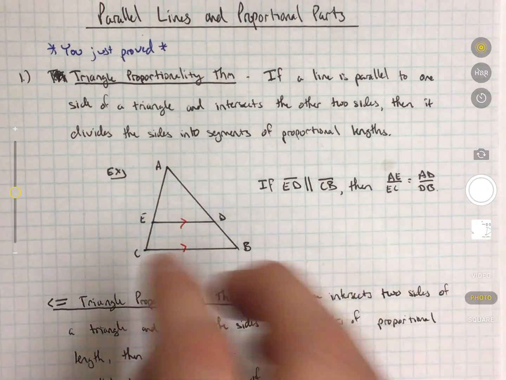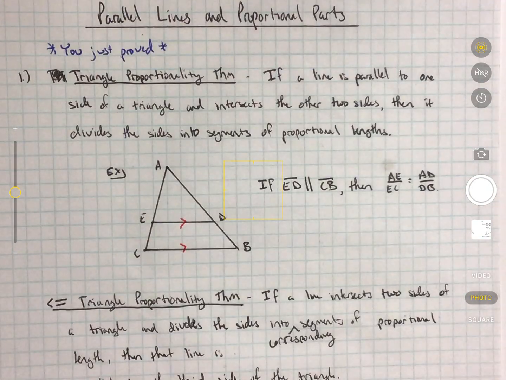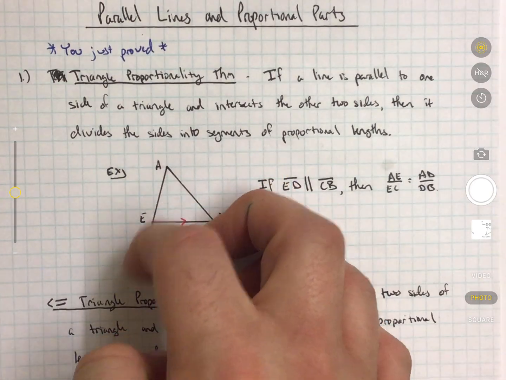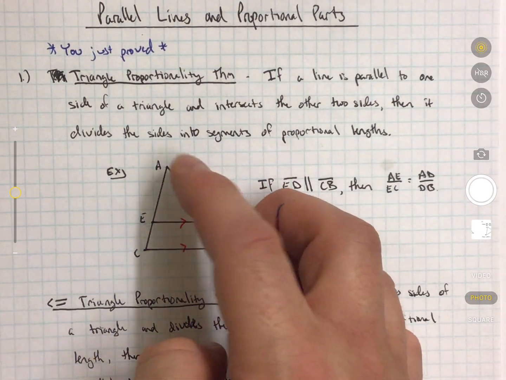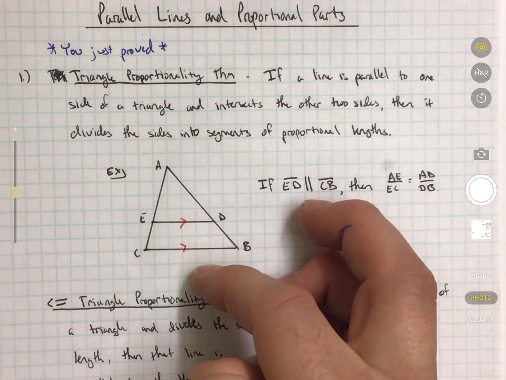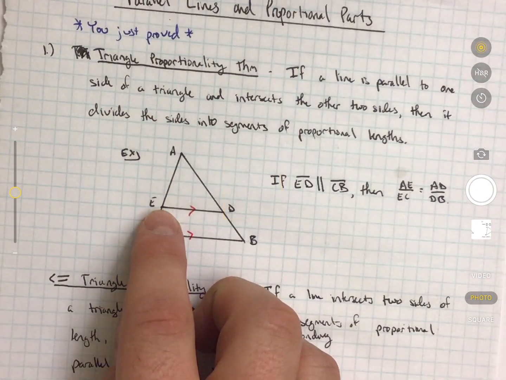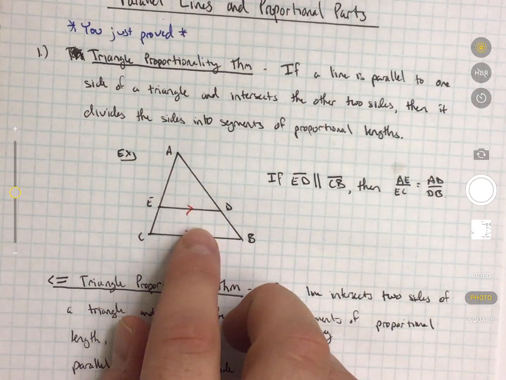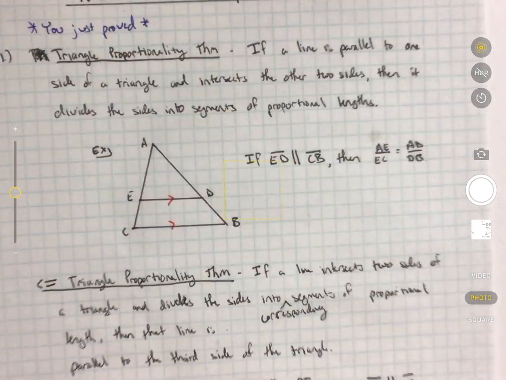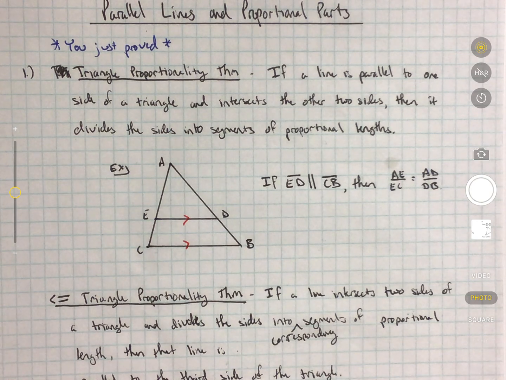If I'm just using the idea of similar triangles, then I can say AC over AE is equal to ED over CB. But I can't say that just this little piece over this little piece is equal to the ratio between these two, because that's never going to be true unless I'm dealing with, I think, an equilateral triangle. There's literally one case where that works. So you can't ever do that.